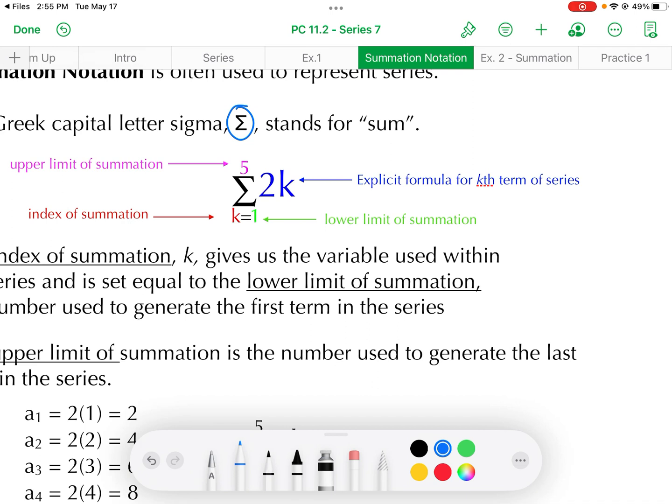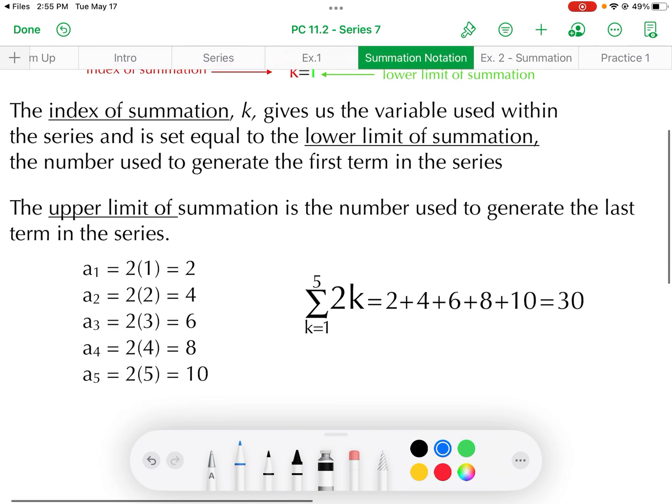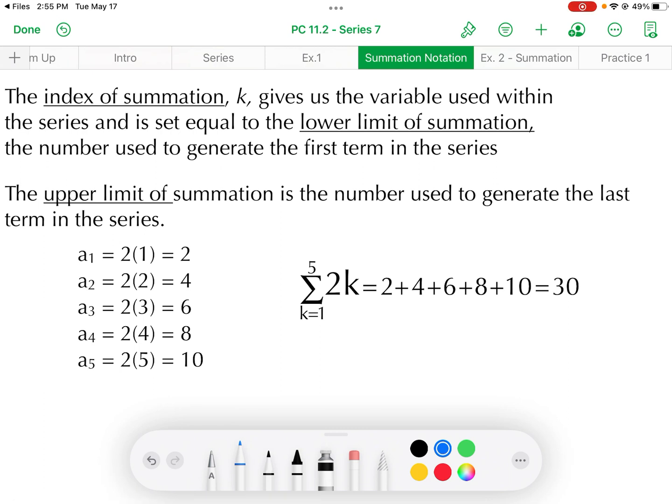Then we also have above the sigma another number, 5 in this case, that's known as the upper limit of summation. And that simply tells you what's the last number to plug in for k before you add your values together, okay?